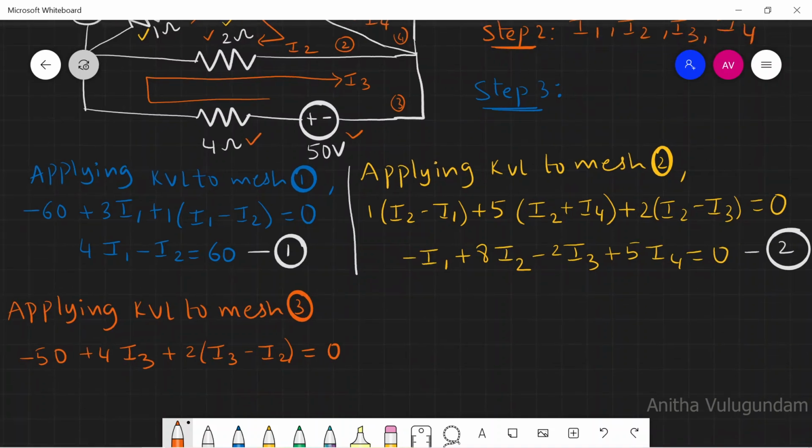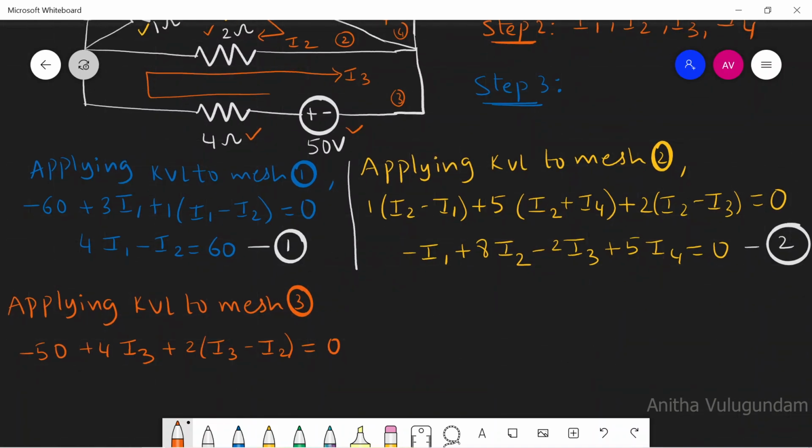This equation can be rewritten as minus 2I2 plus 6I3 equal to 50. Let this be equation number 3.